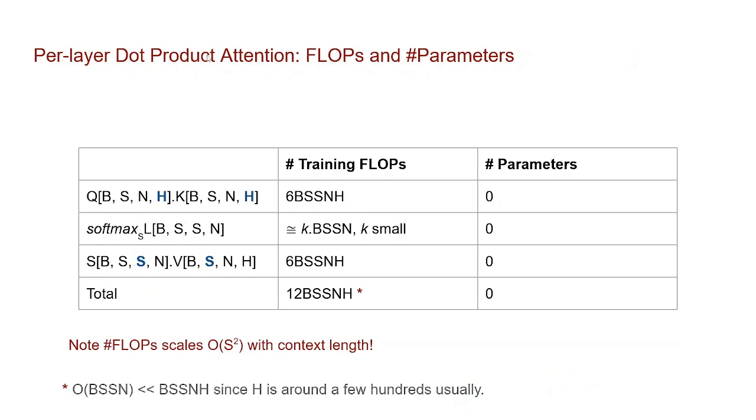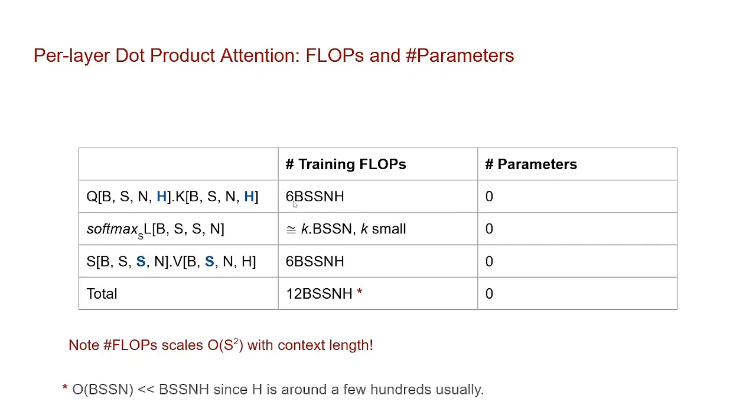Looking at a particular layer, at the dot product attention, when multiplying the query and the key matrices, these are basically intermediate activations and they don't involve any parameters.